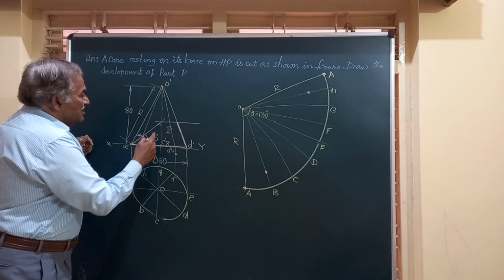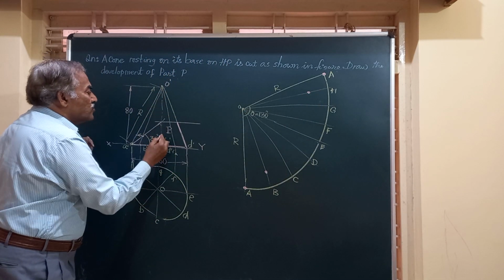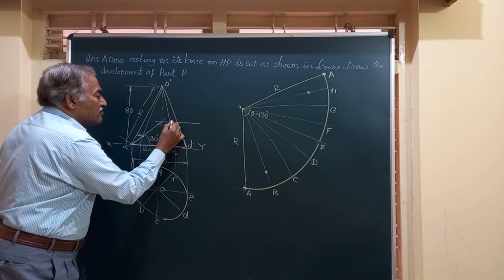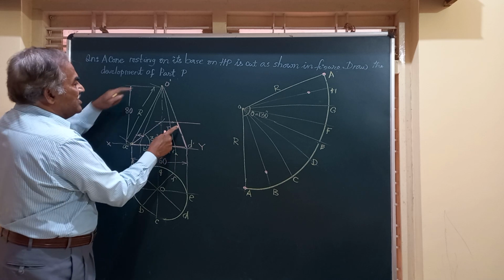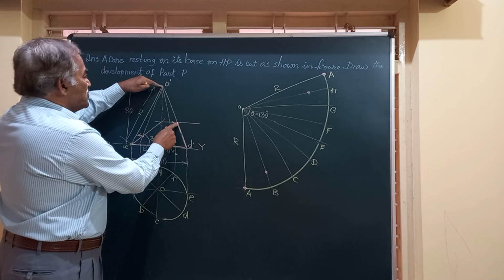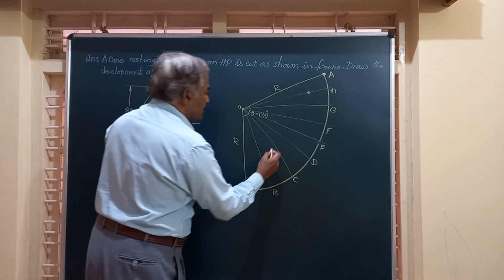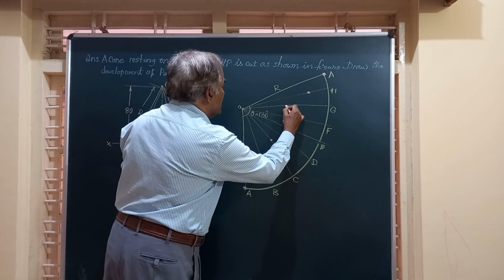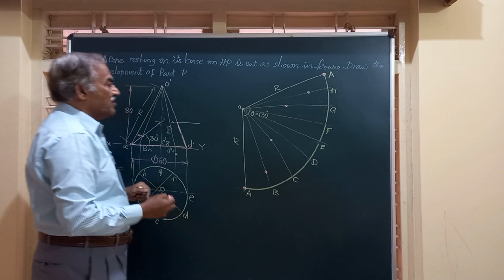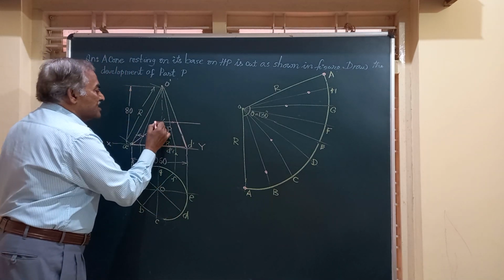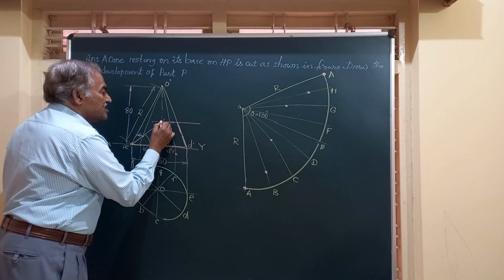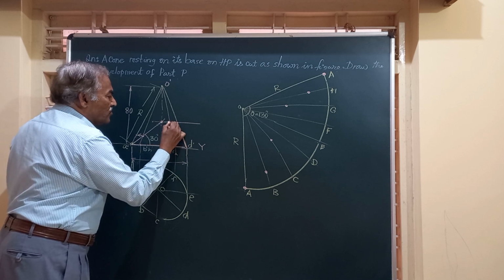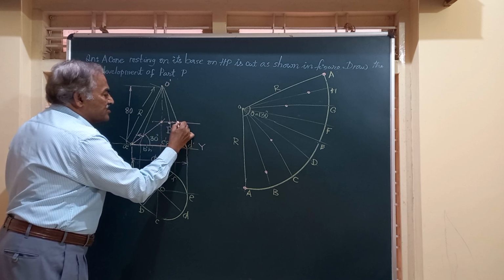Generators OC and OG are cut here. This is not the true length, so I shift that to the last line and mark on OC and OG. If you observe this horizontal section plane, it is cutting OC, OG along with OD and OF.